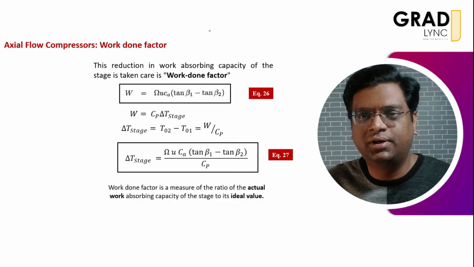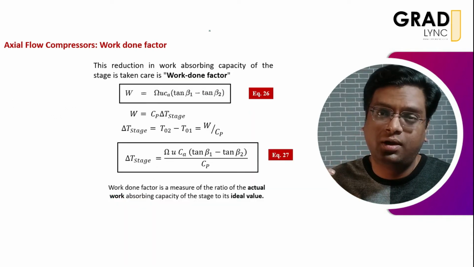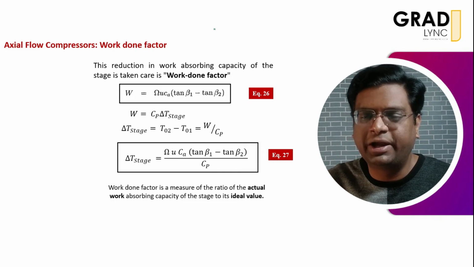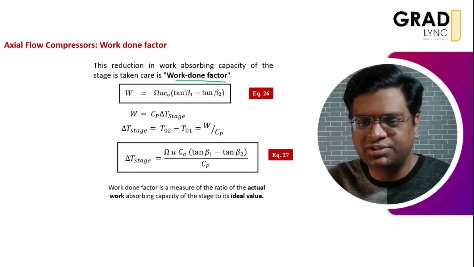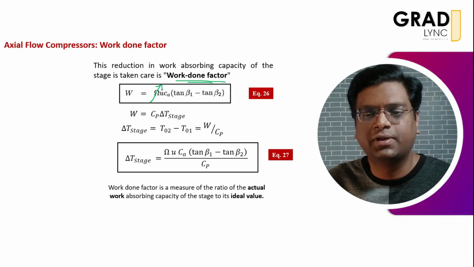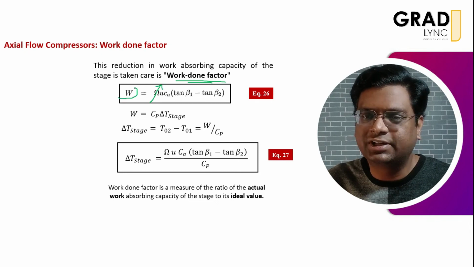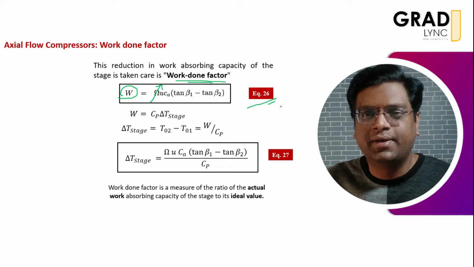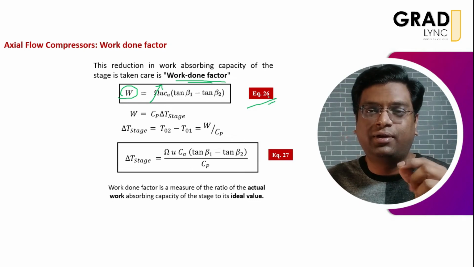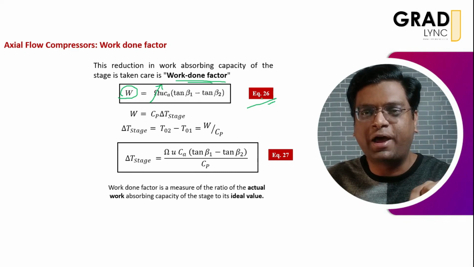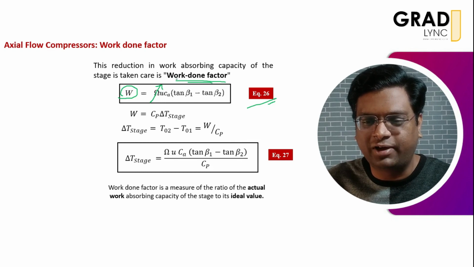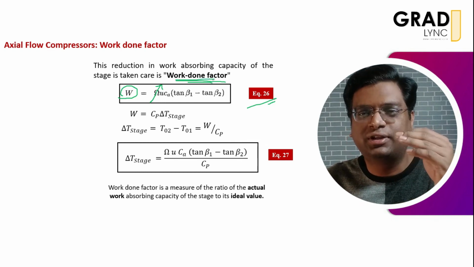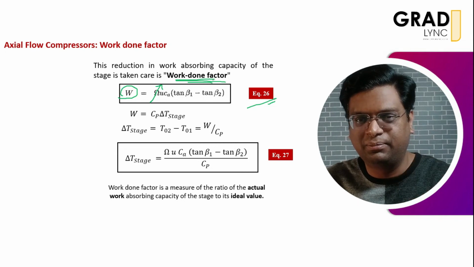We address this reduction in work absorbing capacity by a term called work done factor. Now, what is this work done factor? If this work done factor is 1 or 100%, then the work absorbing capacity of the compressor blades would be maximum, and that is represented by equation number 26. Because the axial velocity is not constant throughout the blade length, we need to introduce a new parameter called work done factor, which reduces the work absorbing capacity of the blades.